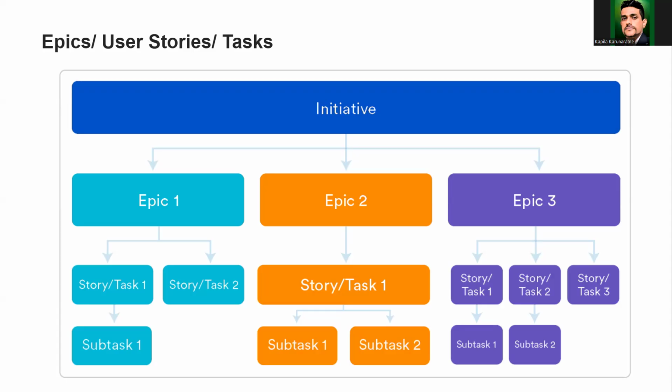Under the epic, you have user stories. For each epic there might be multiple user stories. For route selection, we can see two stories. One is that you can select routes using Google Maps, and that's one user story.